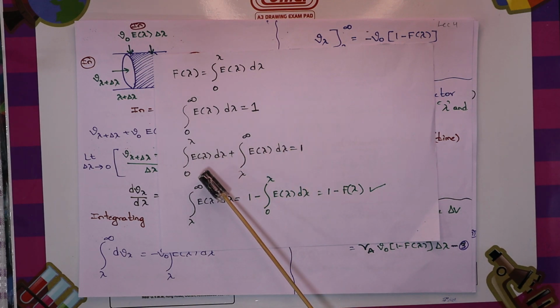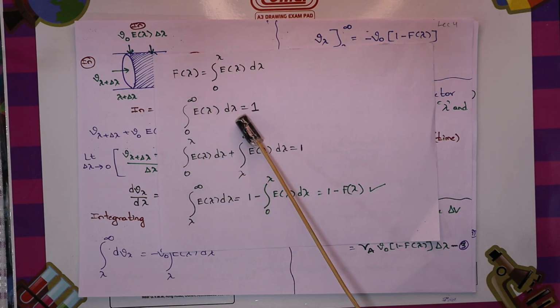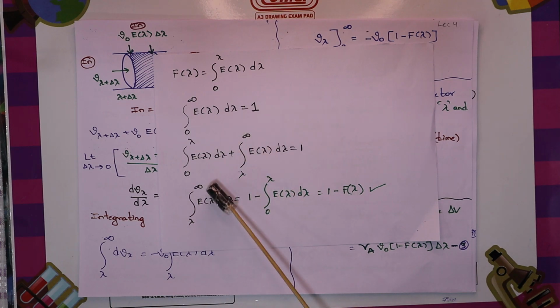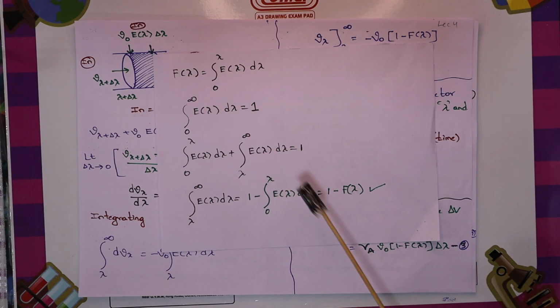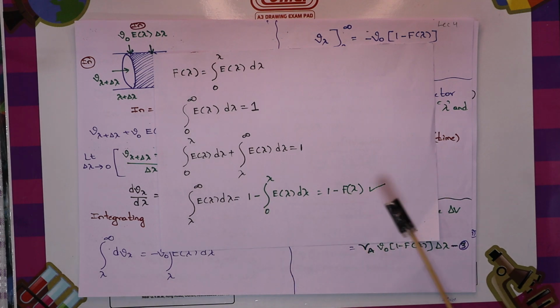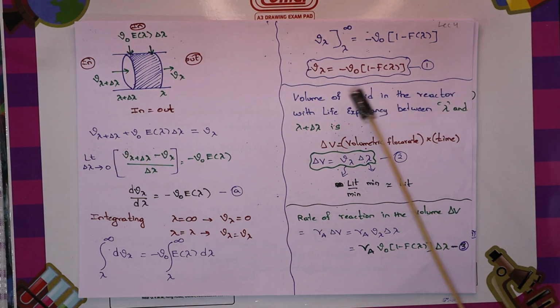Therefore, if you divide 0 to infinite into two sections, one is 0 to lambda and the other lambda to infinite, the integral from lambda to infinite of E of lambda d lambda is nothing but 1 minus the integral 0 to lambda of E of lambda d lambda. That is nothing but 1 minus f of lambda. Therefore, you can replace the integral lambda to infinite of E of lambda into d lambda with 1 minus f of lambda. Okay? Yes. This is how we got this particular expression.